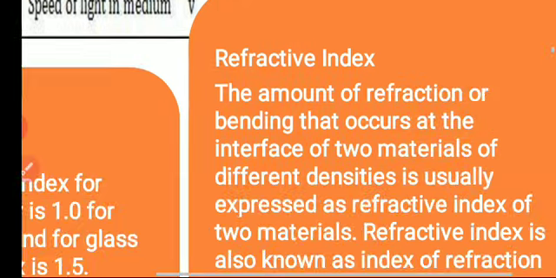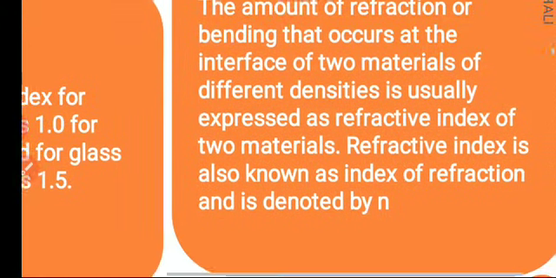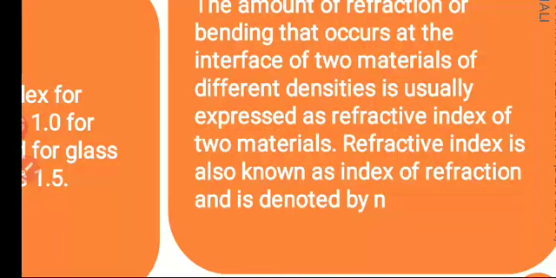So refractive index is the amount of refraction or bending that occurs at the interface of two materials of different density. Refractive index is also known as index of refraction, and it is denoted by n. So n is equal to c by v, where c is the speed of light in air and v is the speed of light in the material.